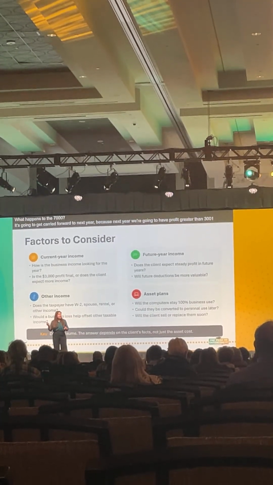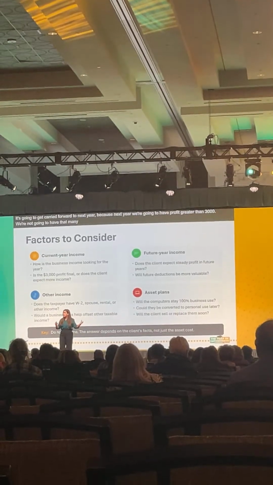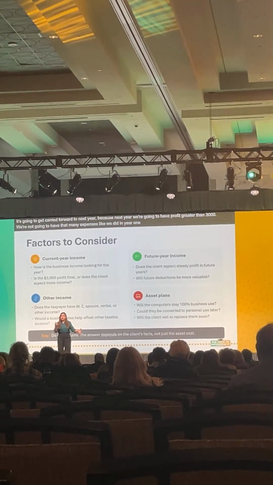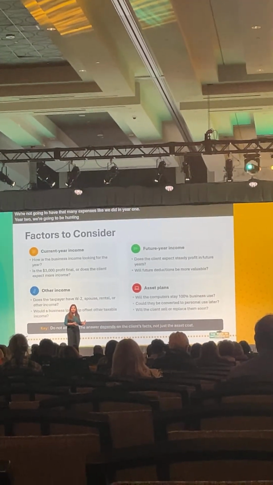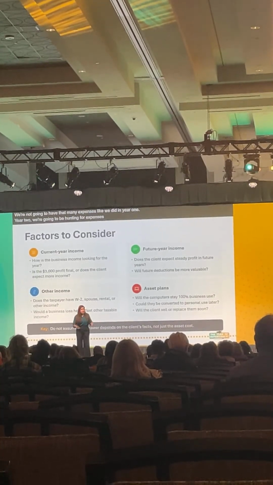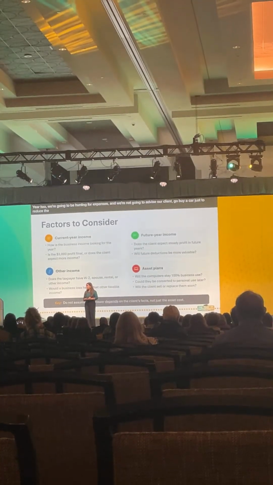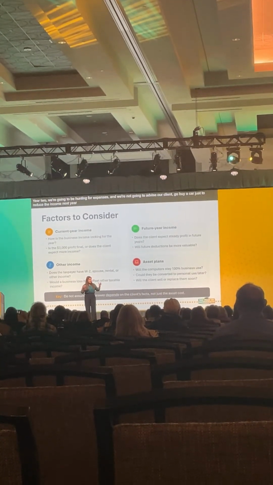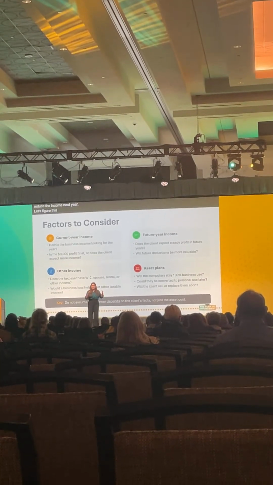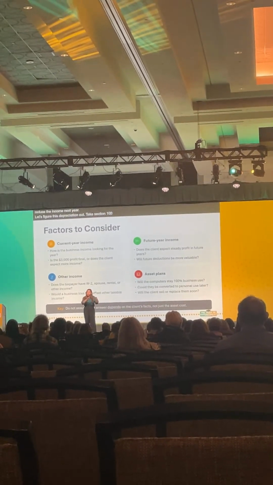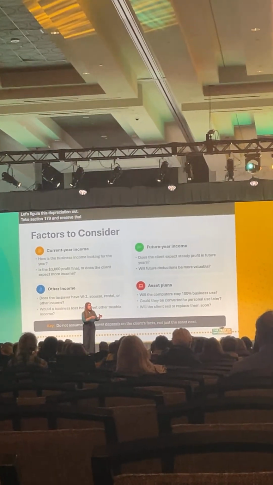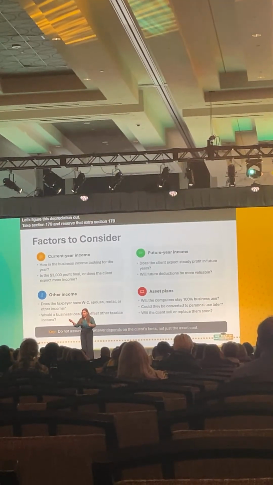We're not going to have that many expenses like we did in year one. Year 2, we're going to be hunting for expenses. And we're not going to advise our client, go buy a car just to reduce the income next year. Let's figure this depreciation out, take Section 179, and reserve that extra Section 179 carryover for next year.